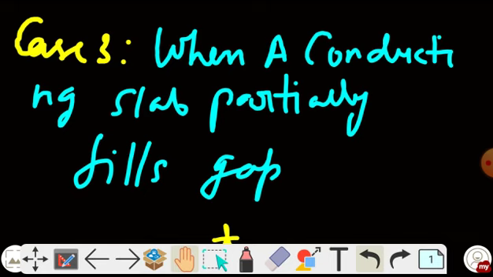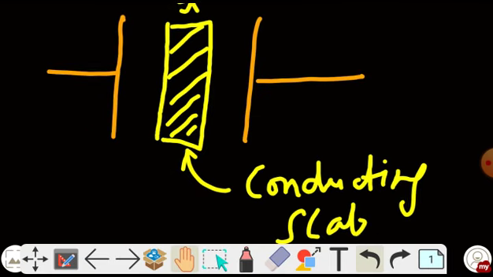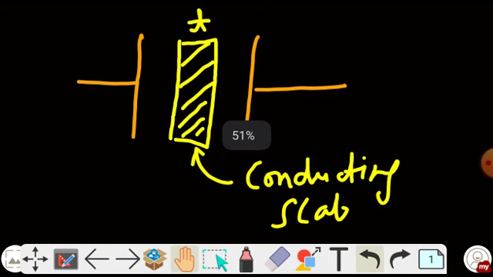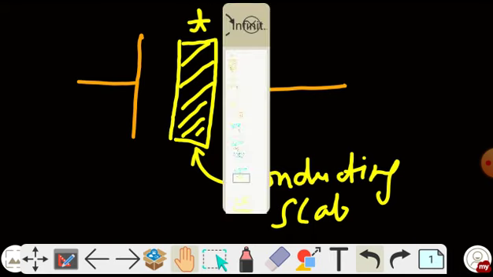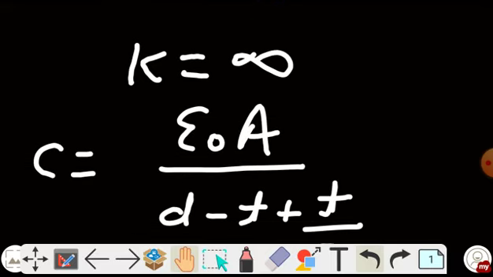So let's say it fills a thickness P. This is our conducting slab and it fills a thickness P between the plates. What do we have to do in this case? The same thing: put K equals infinite, and don't change P in this case, because the thickness of our slab is P. We have assumed it as P.